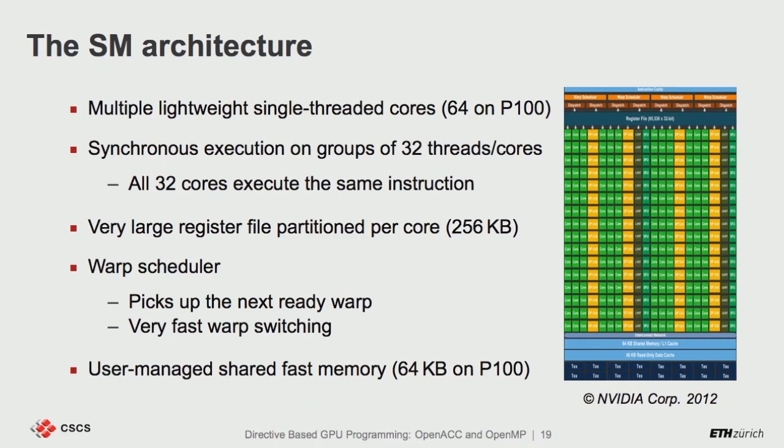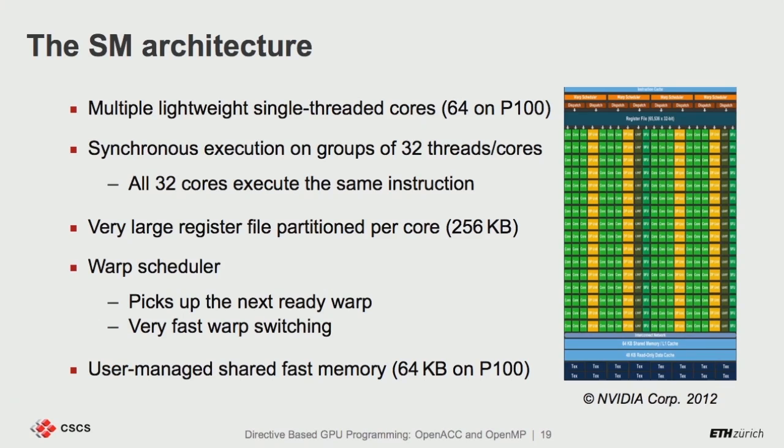Go back to what I said in the previous part: in order to run something, you have to have your state somewhere. On the CPU, you have your registers somewhere, and in order to run another process, you swap them out to memory and then bring in the new registers. Here, you can't do that, because then you would have to do a real context switch, and you don't want that.